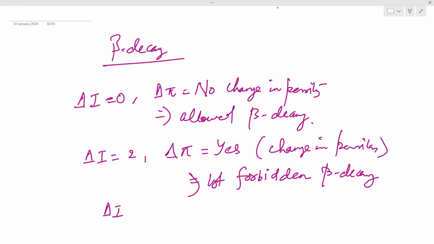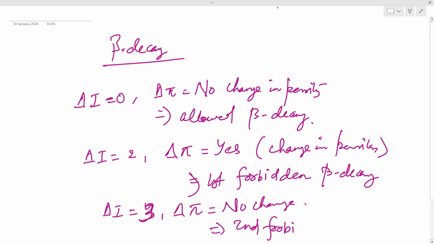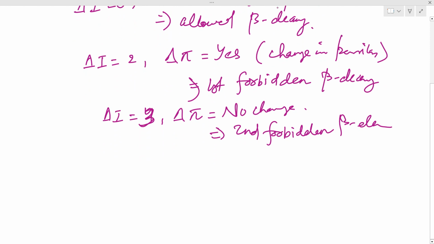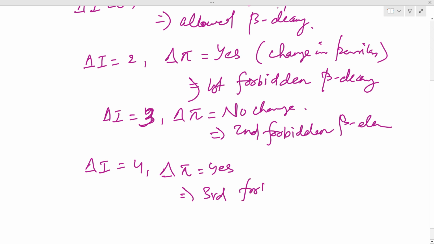Now del I is equal to 3, but there is no change in parity, so that is called second forbidden beta decay. And del I is 4 and there is a change in parity, then it is called third forbidden beta decay.